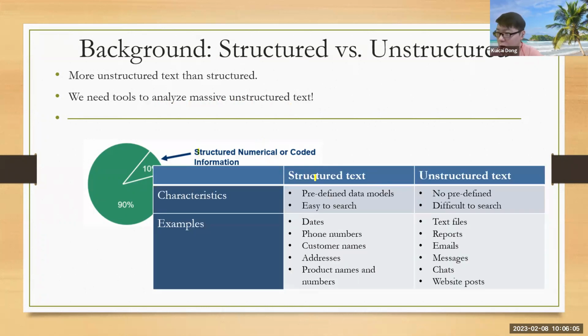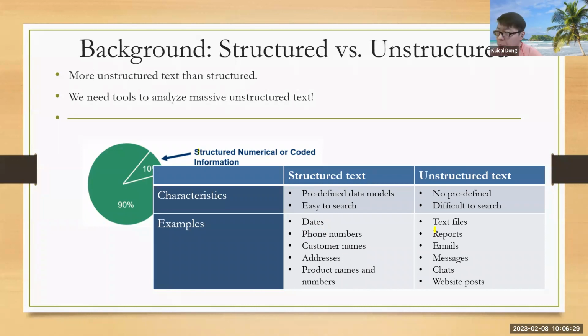The characteristic of structured text is that it is in a predefined manner and it is easier to search. In contrast, unstructured text has no predefined pattern and it is very difficult to search. Examples of structured text are mobile numbers and customer names, which can be stored in a relational database directly.